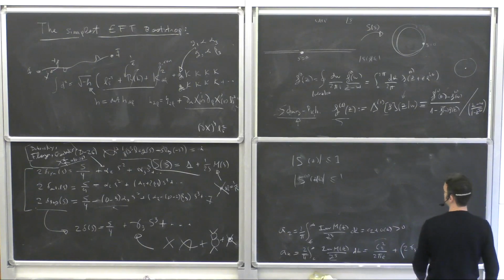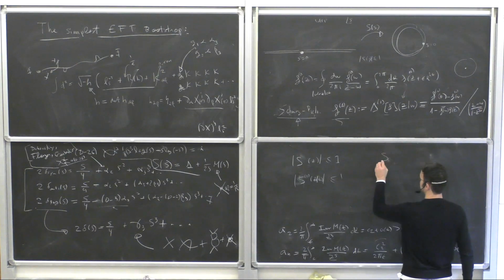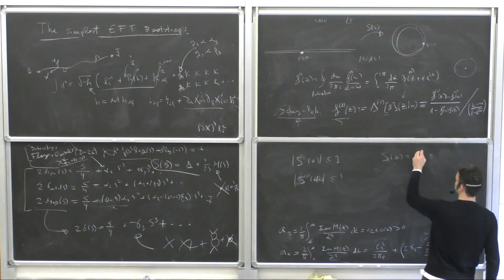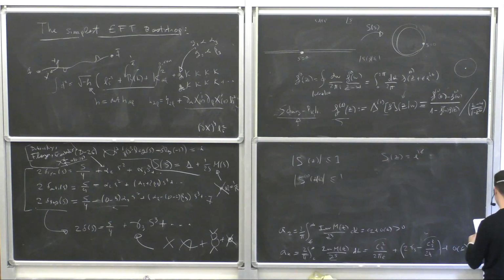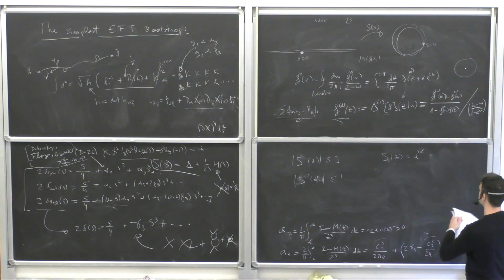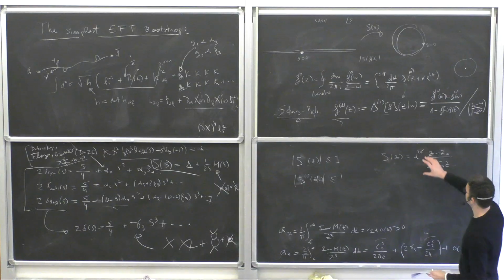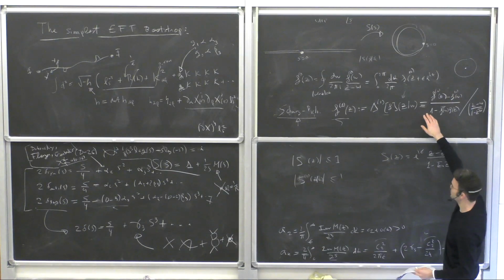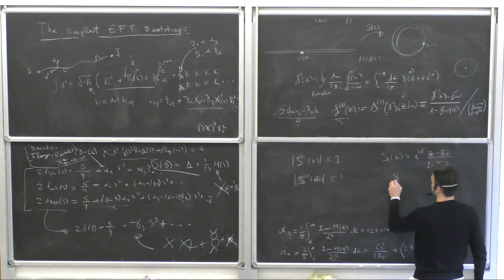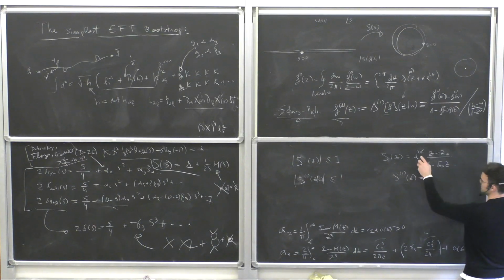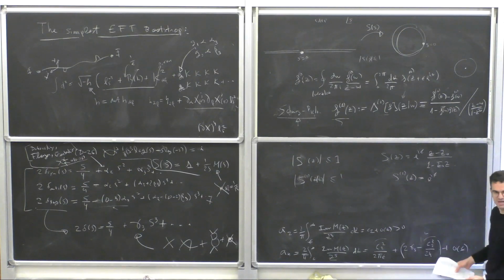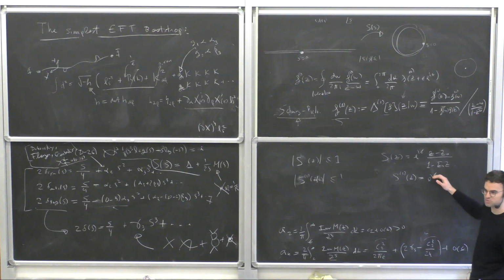For this, what you may notice is that if you pick an S of z that looks like some pure phase times z minus z naught over 1 minus z naught bar z, and you plug this into this definition, what you get is a pure phase, which has modulus 1, okay? So this is the function that saturates the bound.